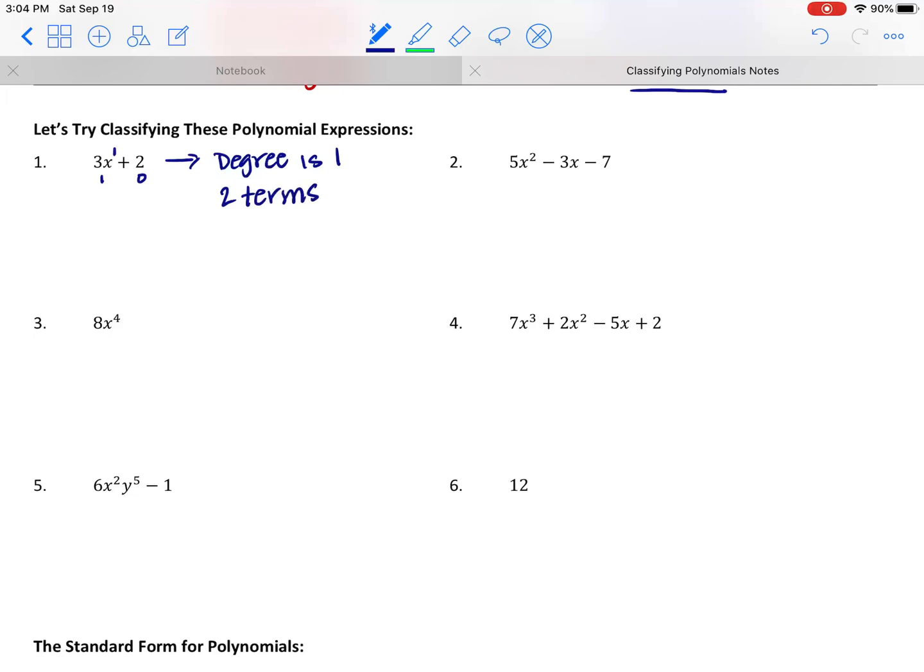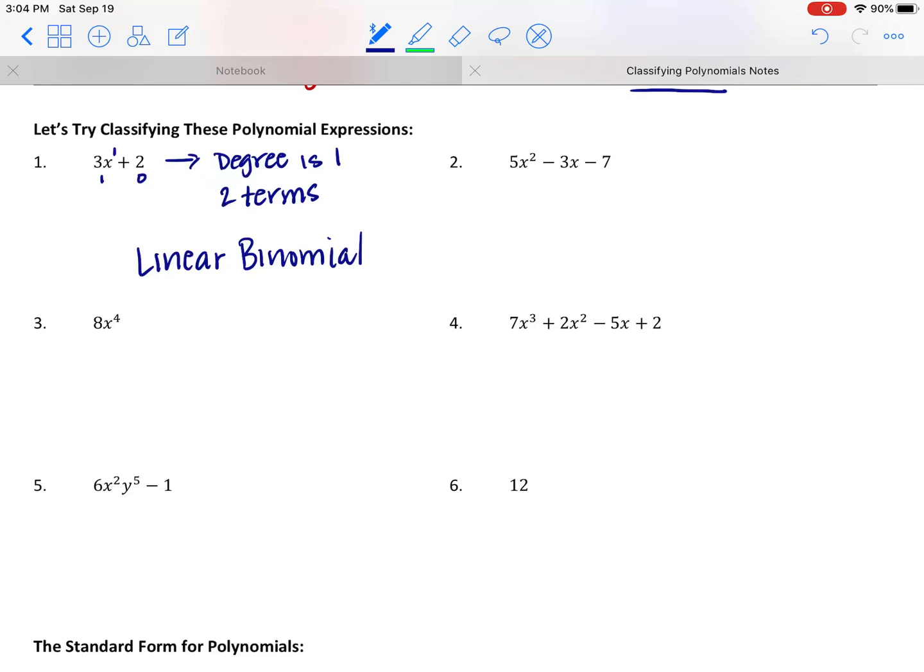So if it has a degree of 1 and it has 2 terms, its name would be a linear, that's for a degree of 1, and binomial, that's for 2 terms. And it doesn't really matter the order that you name those, but typically we put the name by degree first, like binomial, linear would sound a little strange. So this is a linear binomial.